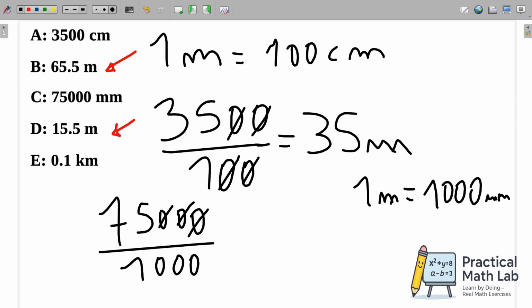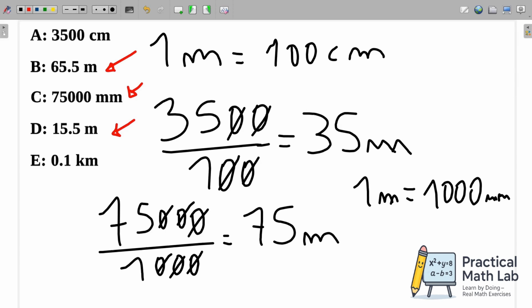We have 3 zeros here, 3 zeros. Cross them out. It will be 75 meters. So up to now, letter C is the largest, 75 meters. It was letter B, now it's letter C.